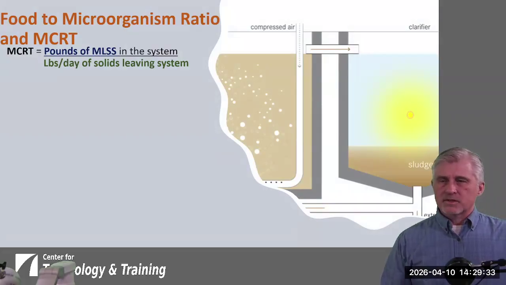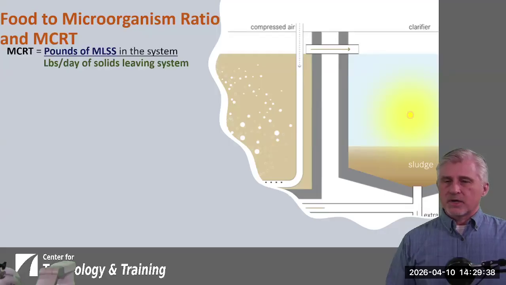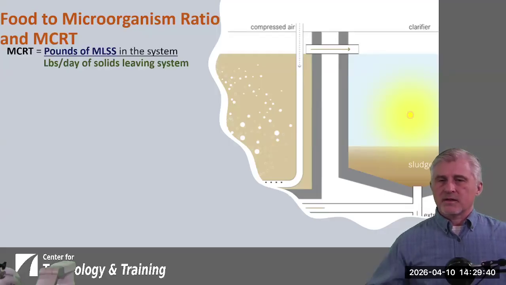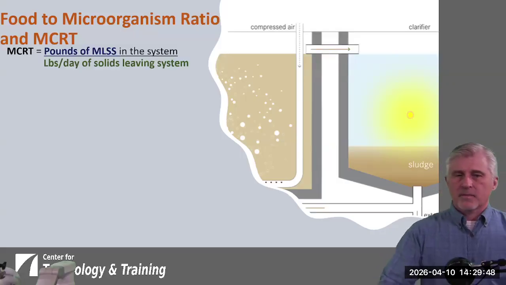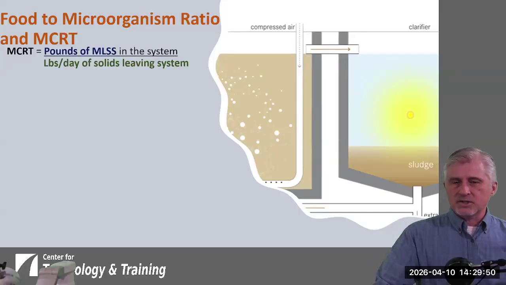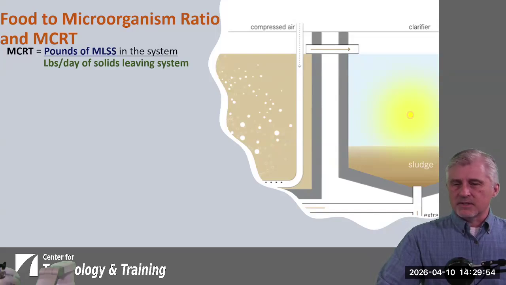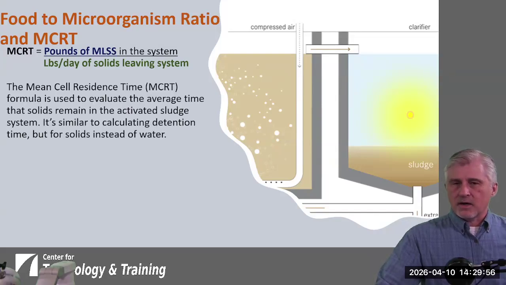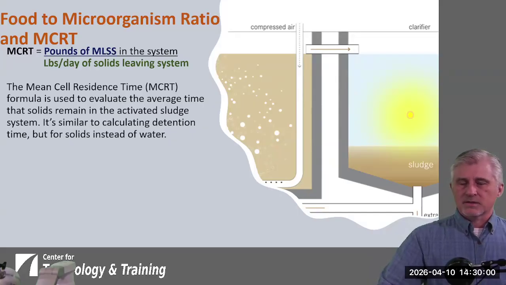So there's a couple of things that we look at. We look at the food to microorganism ratio, and we look at the mean cell residence time. The mean cell residence time is kind of like the detention time we talked about before. It's similar to that, but with solids. So we're looking at how long these solids stay in the process.